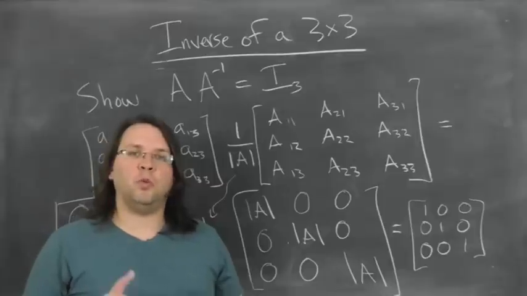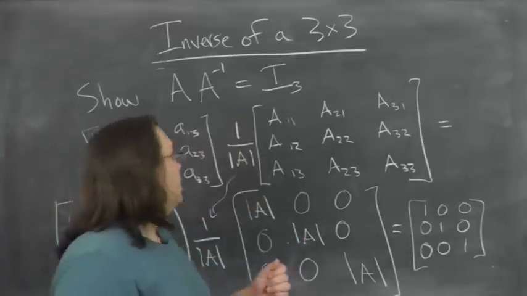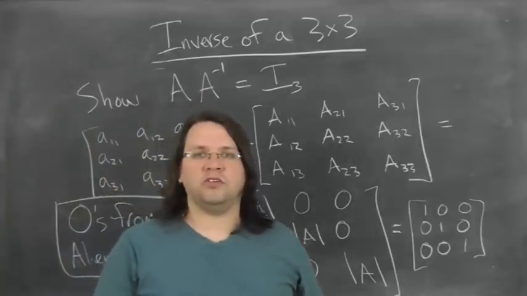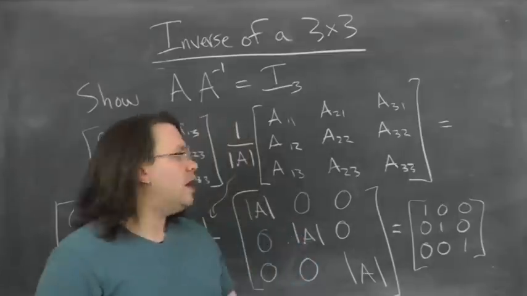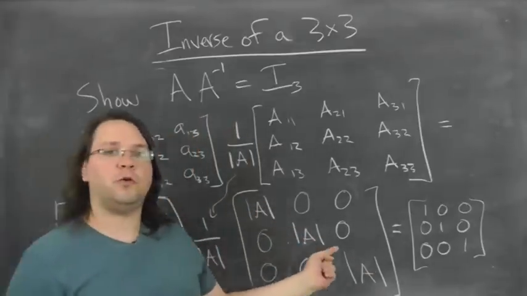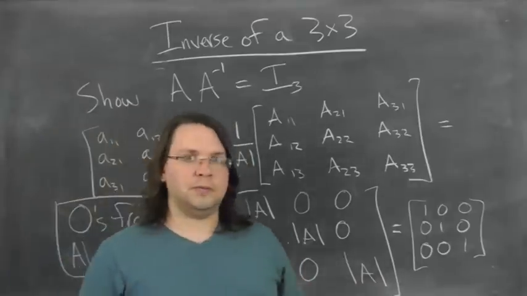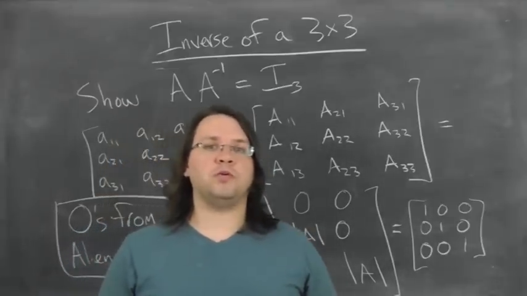Now this uses one side of the alien cofactor rule, and then if you did A inverse times A, you'd use the other. So one of them uses the column version, one of them uses the row version, and in each case we use 3 different formulas for the determinant that go along the diagonal. And this is how you compute the inverse of a 3 by 3 matrix.